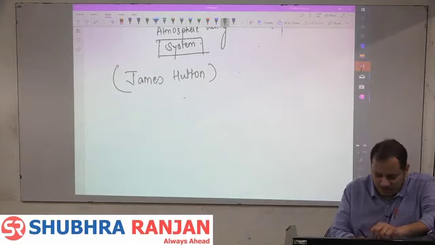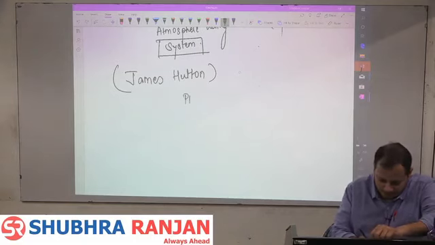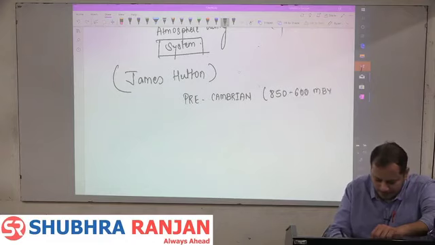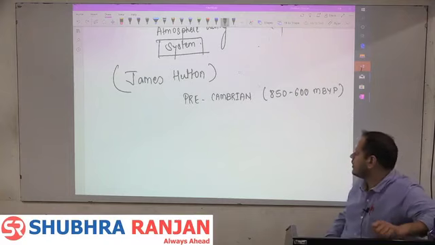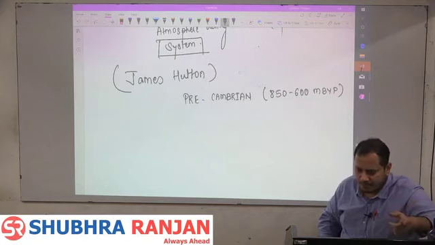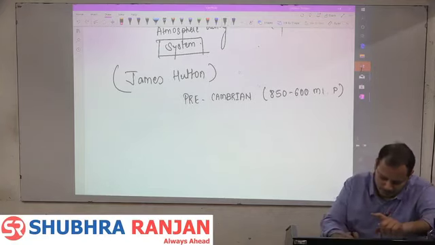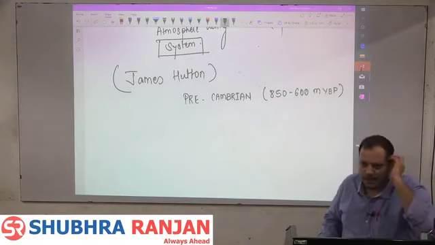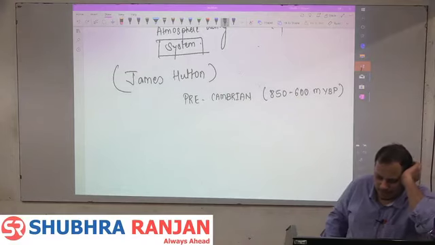Major ice ages occurred during the Precambrian, 850 to 600 million years before present. You can write directly the shortcut, million years before present.